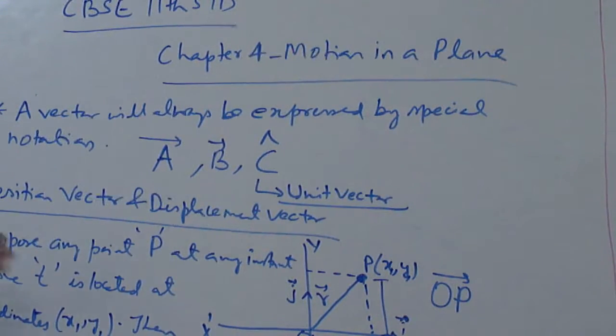In more detail we will study later on. So this is the position vector. Understood now what a position vector is? Note it down. Then we will discuss the displacement vector.